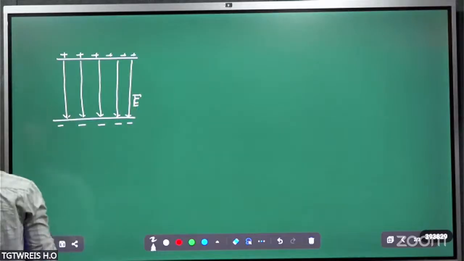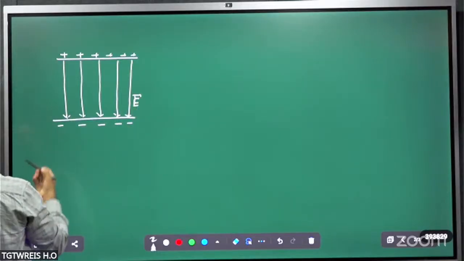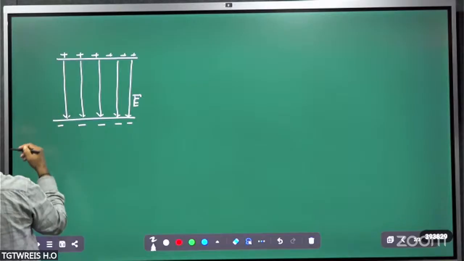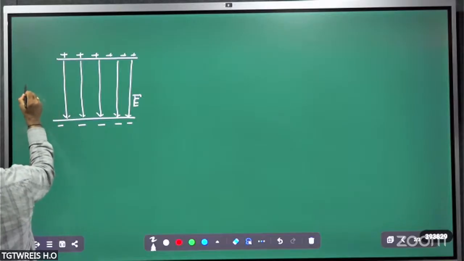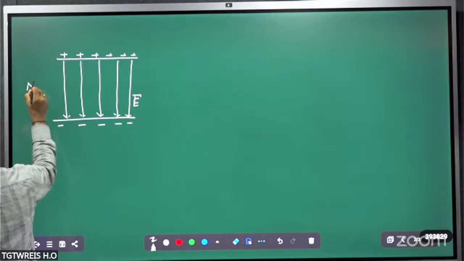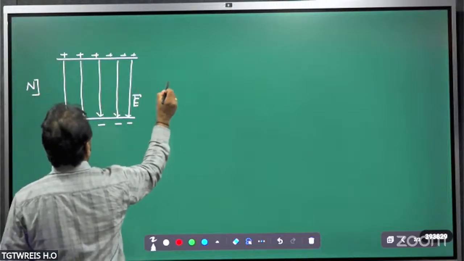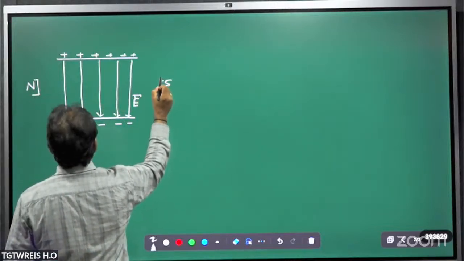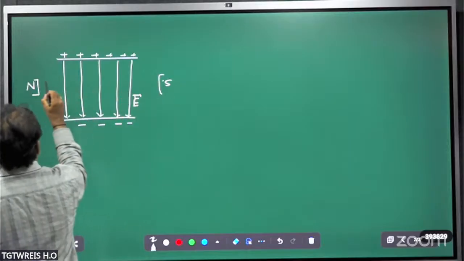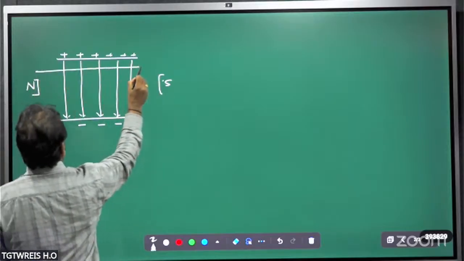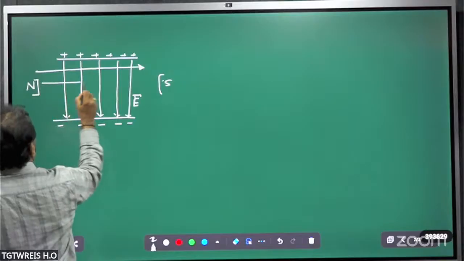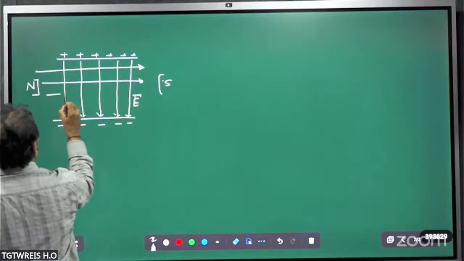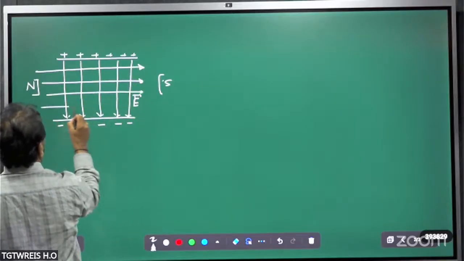And the magnetic field: the north pole is placed here and the south pole is placed here. Due to that, the magnetic lines of force act from the north pole direction to the south pole direction.